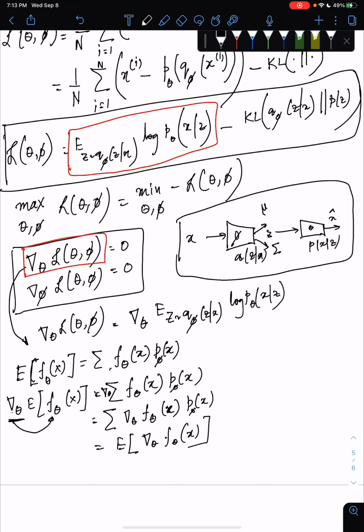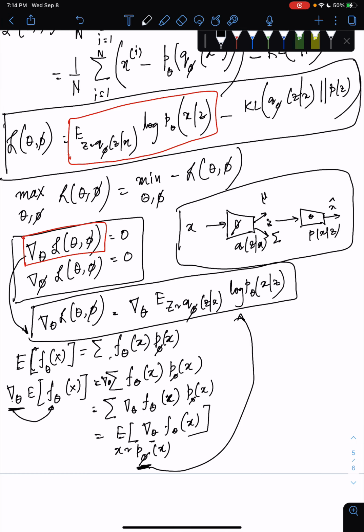You can see this grad theta can be pushed inside, because this distribution of x is parameterized by some other parameters, and this same thing is actually here.